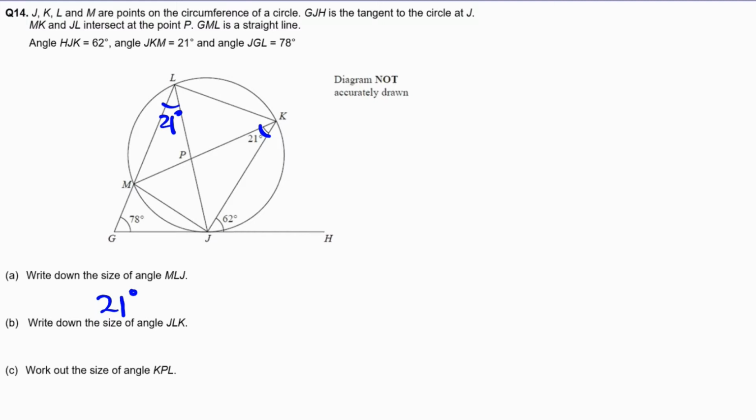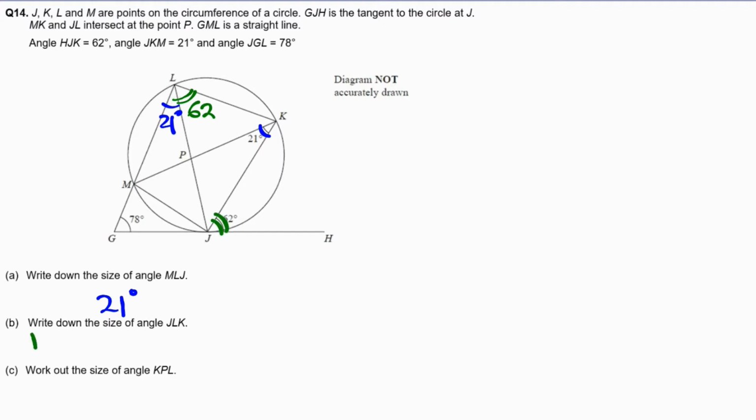So part B, write down the size of angle JLK. So JLK is this angle here. Now this angle here will be 62 by alternate segment theorem, because this angle and this angle here will be equal.